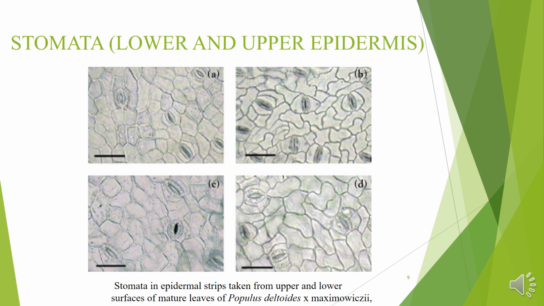You can see, for example, in your A, the walls of the epidermal cells, they're straight. But when you go to the sample B, you see that you have wavy epidermal cells. So these are things that you want to note in your sample.